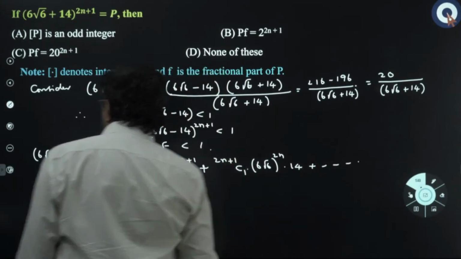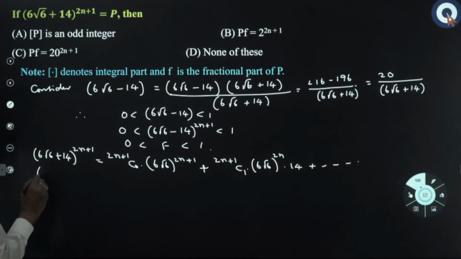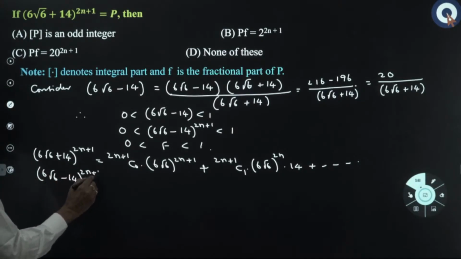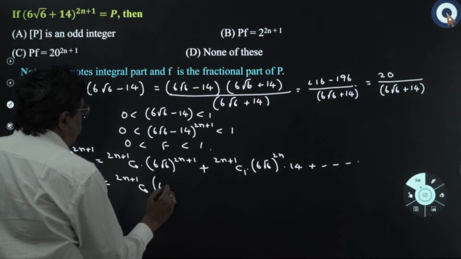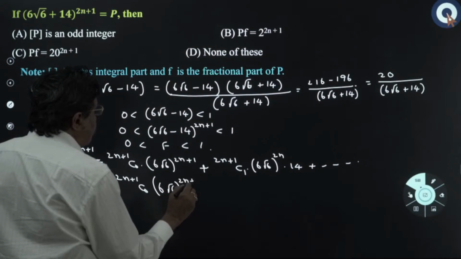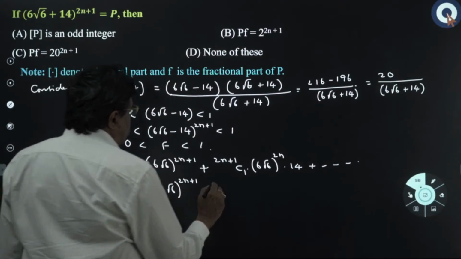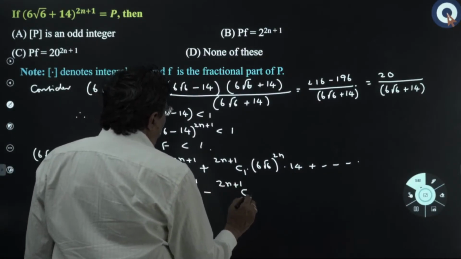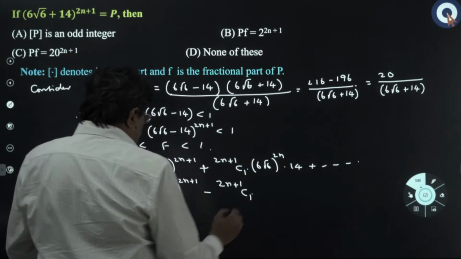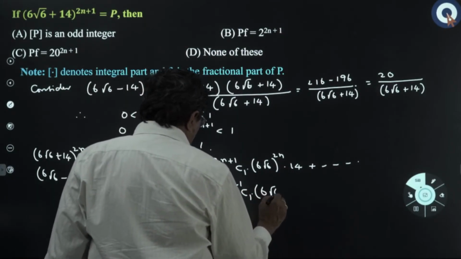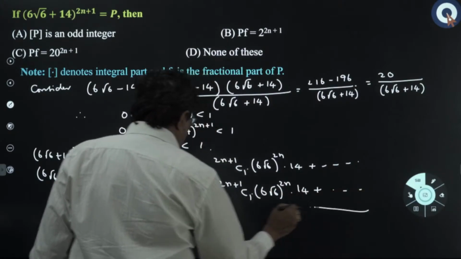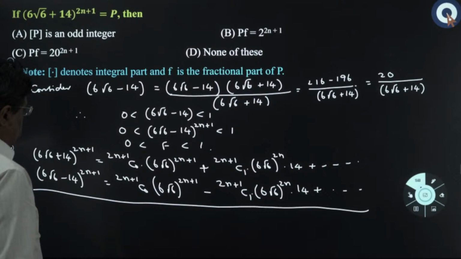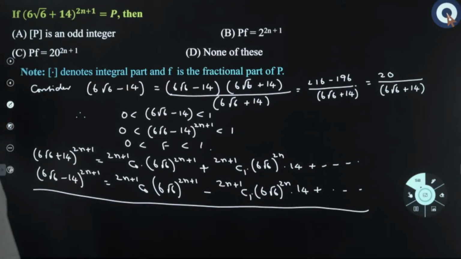You also consider the expansion of (6√6 - 14)^(2n+1), which is (2n+1)C_0 (6√6)^(2n+1) minus (2n+1)C_1 (6√6)^(2n) times 14 and so on. Now we'll subtract one from the other.